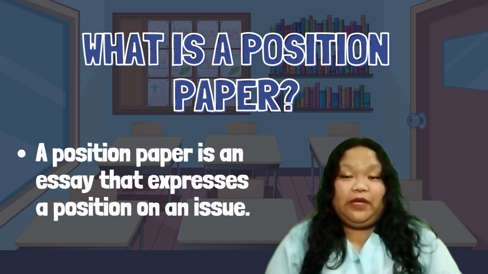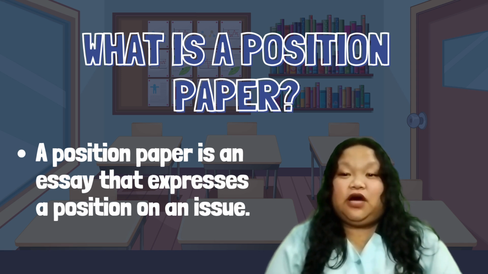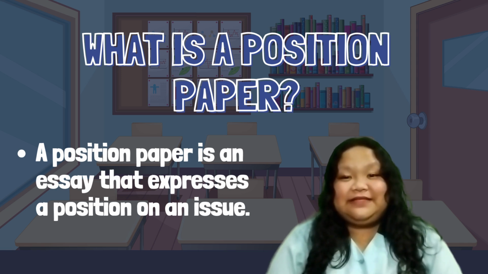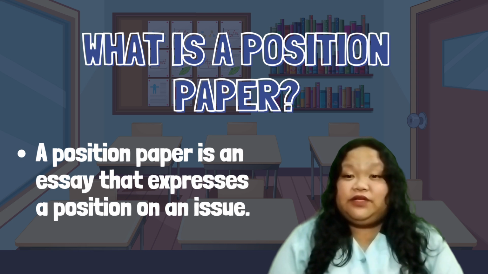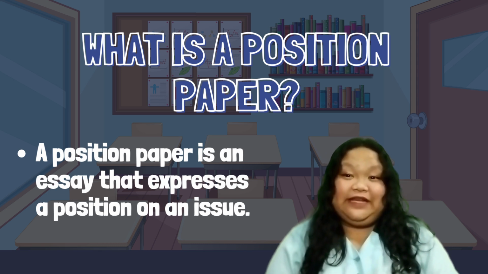A position paper is an essay that expresses a position on an issue. So our first bullet clearly states that the writer's opinion on a specific topic provides a foundation for discussion or debate.